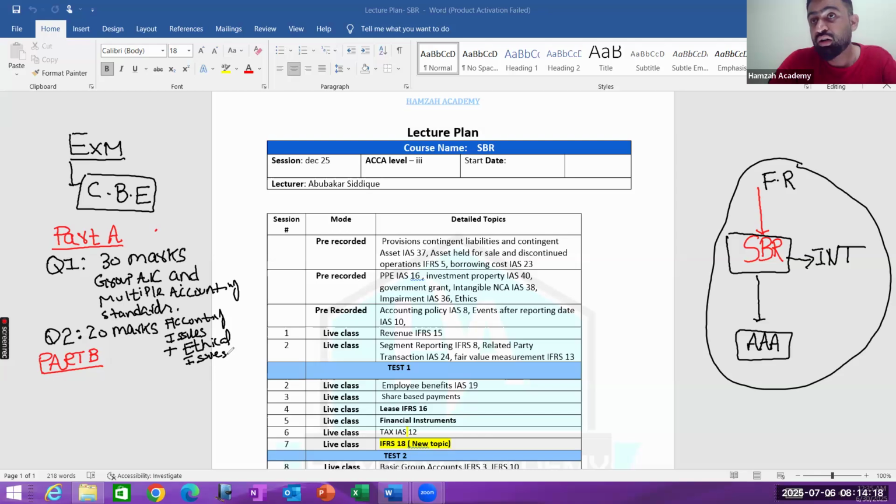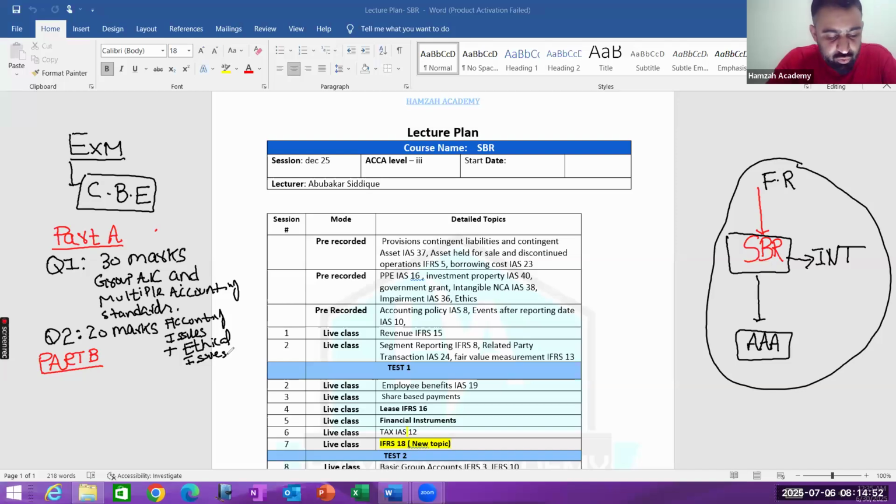But pressurizing you to do an accounting treatment which is not as per the accounting standard creates intimidation, and it may create self-interest, maybe because being an employee, you want to protect your job. So such ethical dilemmas can be tested in question number two. So we will have a total of 50 marks in part A.